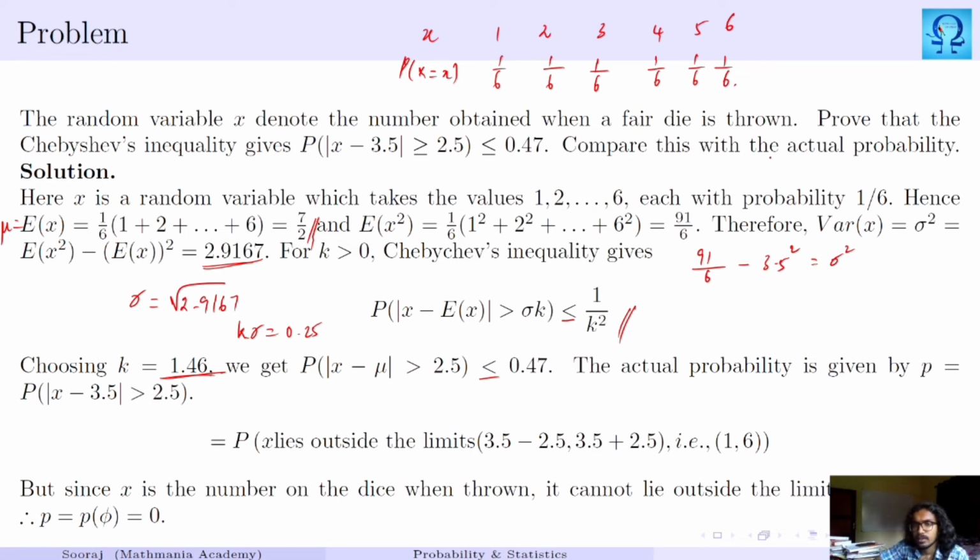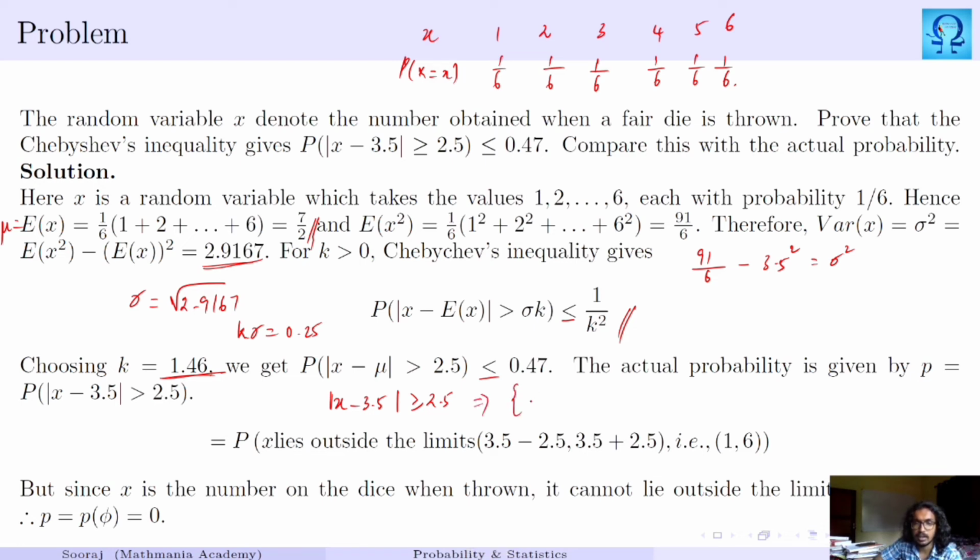So now let us compare this with the actual probability. We are asked to compare this with the actual probability, right? So mu happens to be 3.5. So the absolute value of x minus 3.5 is greater than or equal to 2.5. Which means what? Here again we will do this calculation.